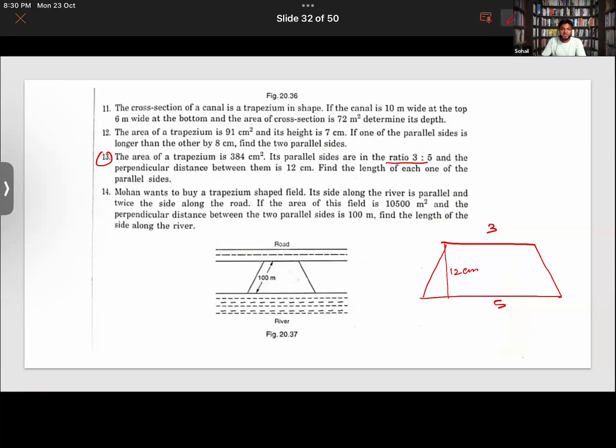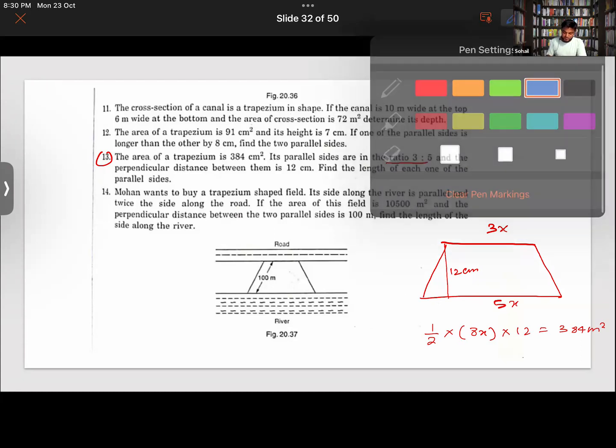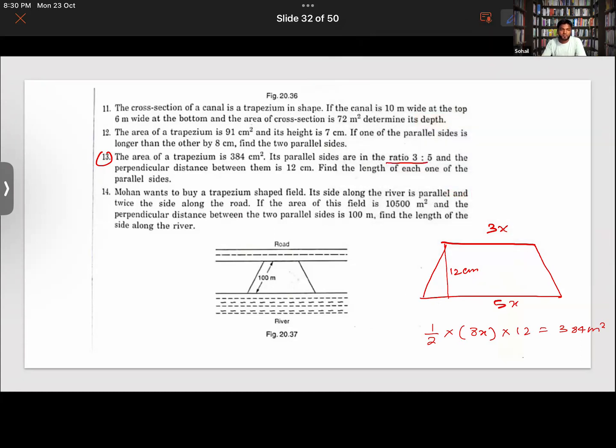We can assume the ratios in terms of x, so that will be 3x and 5x. According to the question, half times (3x plus 5x), that is 8x, multiplied by 12, equals 384. That is what we need to do. A question of similar nature, so quickly find it out.